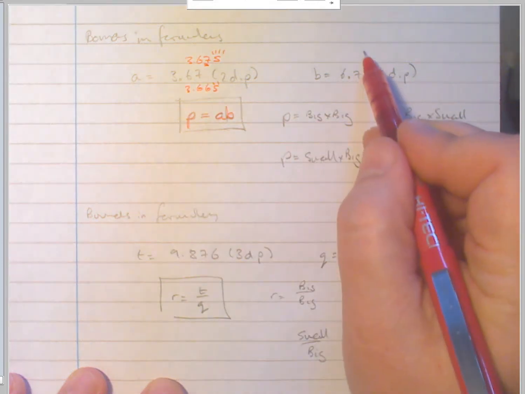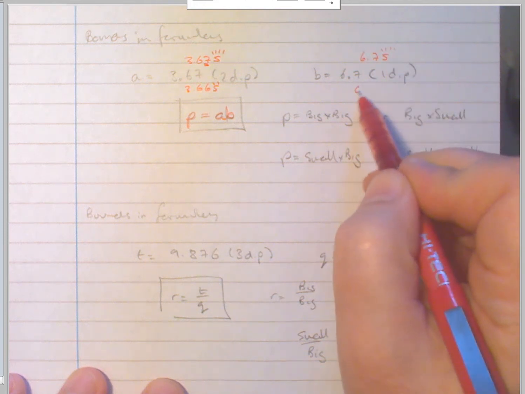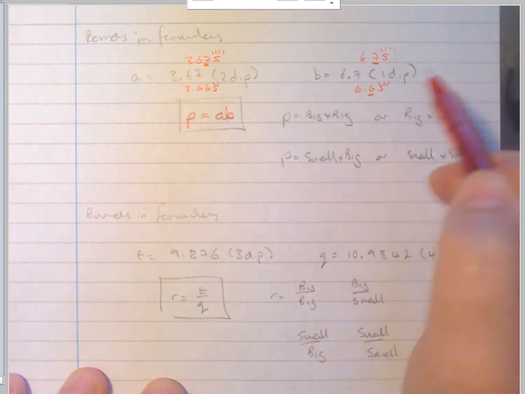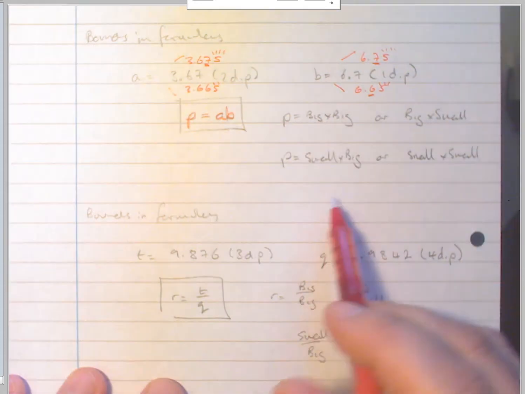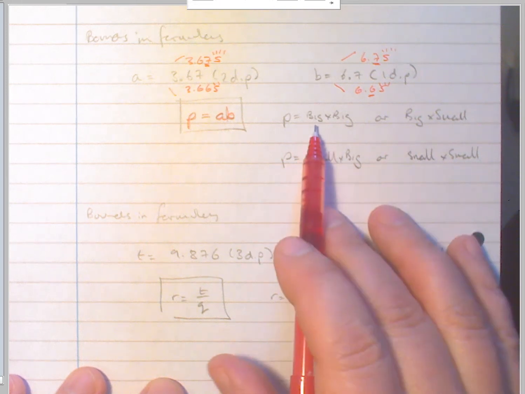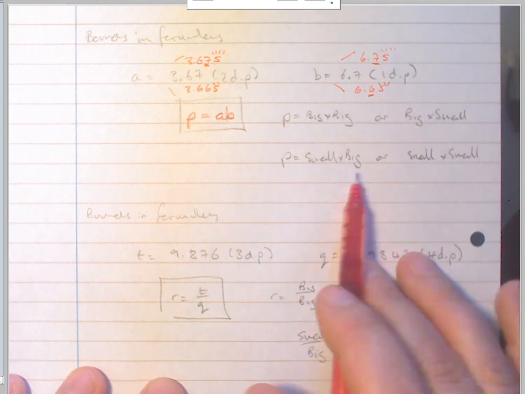Likewise, 6.7, just chuck a 5 on the end and make it symmetrical at the bottom. So that's the upper bound, that's the lower bound, upper bound, lower bound. And there are 4 different ways in which you can put those numbers in. You could use the upper bound times the upper bound, you could do the upper bound times the lower bound of the other one, and there's various different ways of doing it.